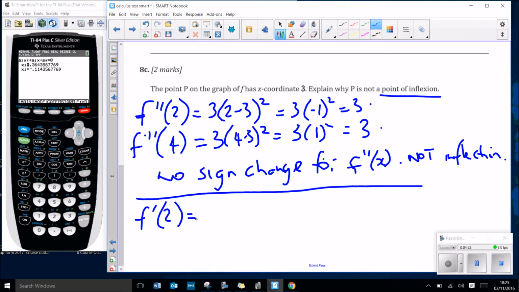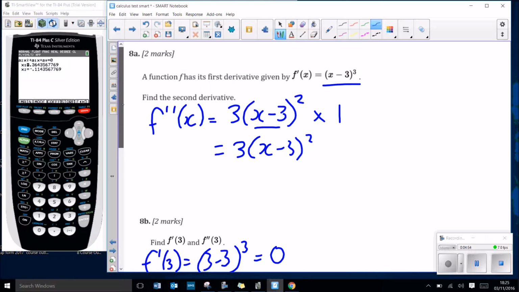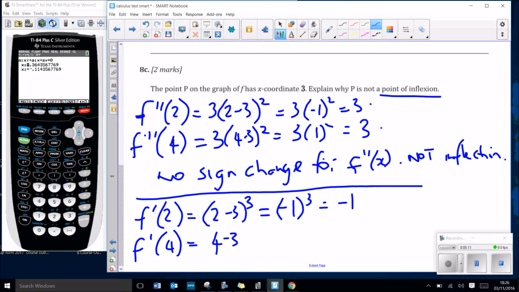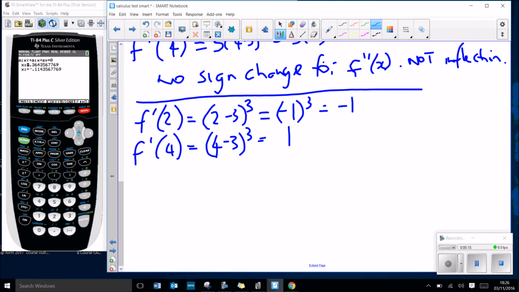Sorry, so it's x minus 3 all cubed. So 2 minus 3 all cubed is negative 1 cubed, which is negative 1. And f dash 4 is 4 minus 3 cubed, which is 1.